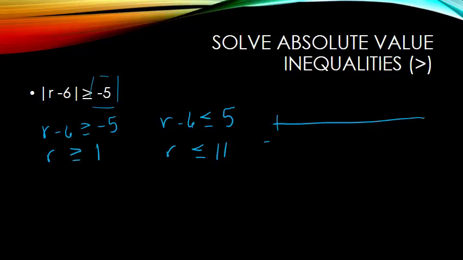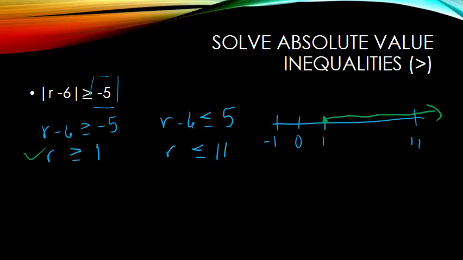And let's say we're going to say it's negative 1, and here is 0, here is 1, and out here we're going to say is 11. All right, so if we graph this scenario here on the left, r is greater than or equal to 1, well, I got a closed dot, and my graph is going to head this way all the way out to infinity.